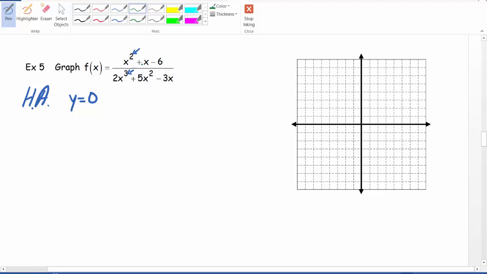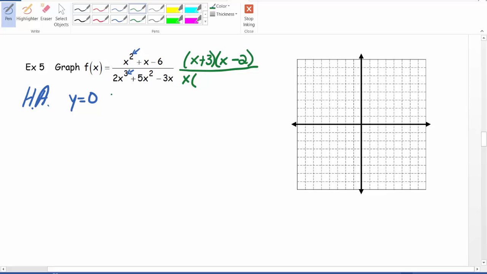Just looking at the top, we'll factor it first. It looks like this can be broken down into x plus 3 times x minus 2. The bottom, it looks like we can pull an x out of every single term. We'll go ahead and do that.